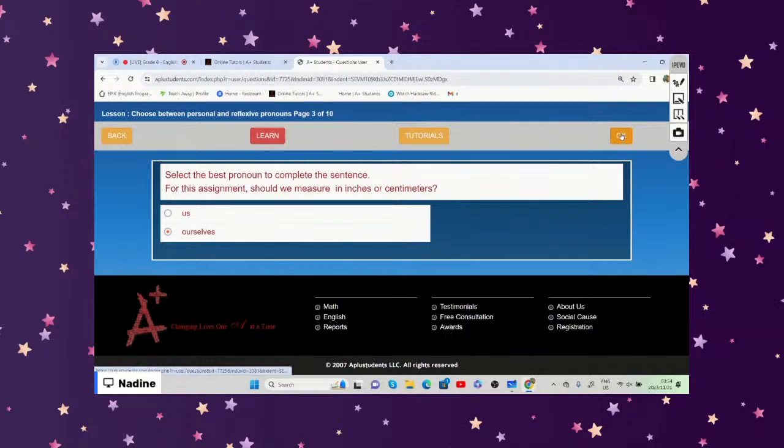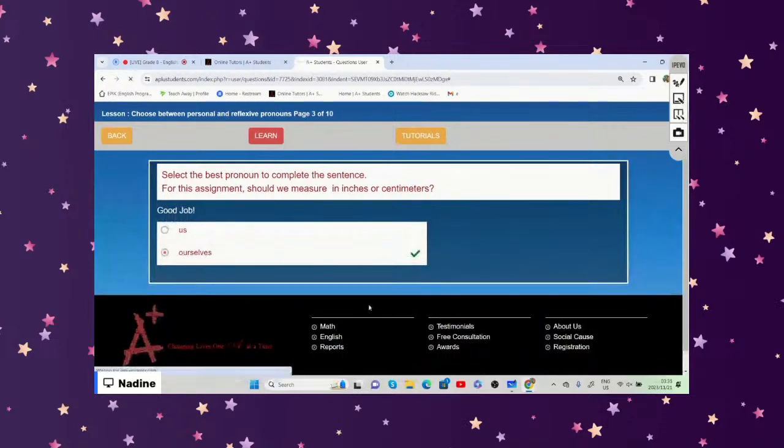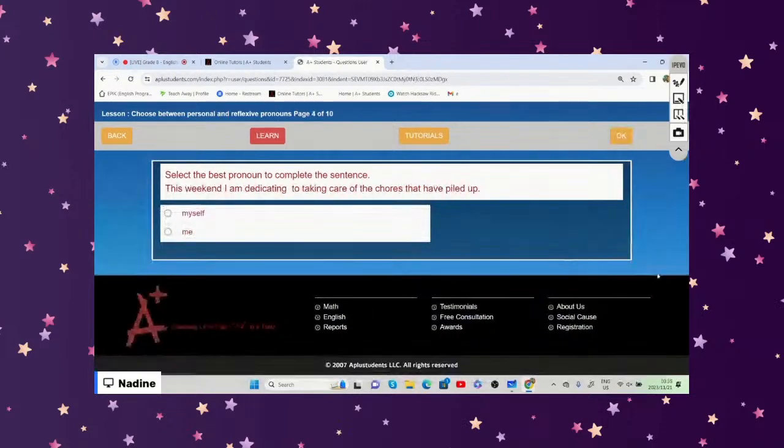Sometimes it can be very tricky between personal pronouns as well as reflexive pronouns. But ourselves is correct because ourselves refers back to we, which is the subject. So well done, guys. Ourselves is correct.